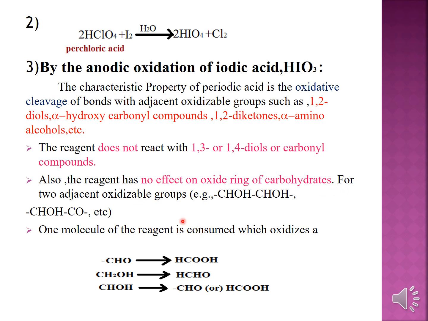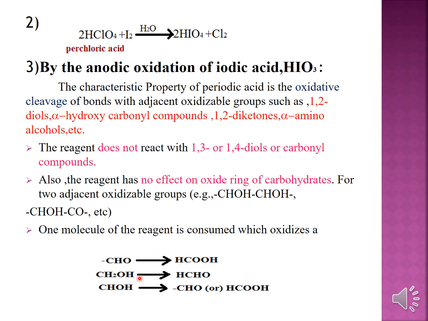For example, if you take CHOH, CHOH and then CHOH, two adjacent oxidizable groups are affected. This is a very important point: one molecule of the reagent, periodic acid, gets consumed. Formaldehyde is oxidized to formic acid.